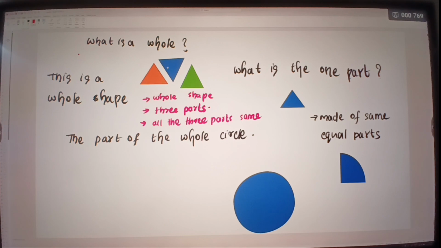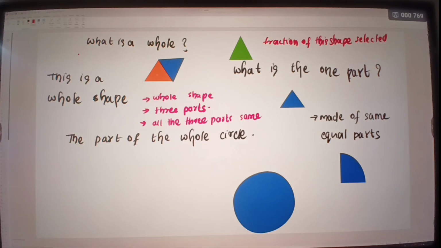This shape is made up of three triangles, and I am selecting one from that. What is the fraction of the shape selected? There were three parts in total. Out of these three parts, you selected one part. So it is 1/3.